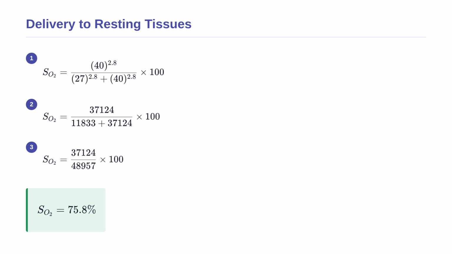We place this in the numerator and denominator, adding it to our constant 11,833 to get a new denominator of 48,957. Dividing 37,112 by 48,957 and multiplying by 100 gives us a final saturation of 75.8%. This means the hemoglobin saturation has dropped significantly as it passed through the tissues, releasing oxygen exactly where the cells need it.